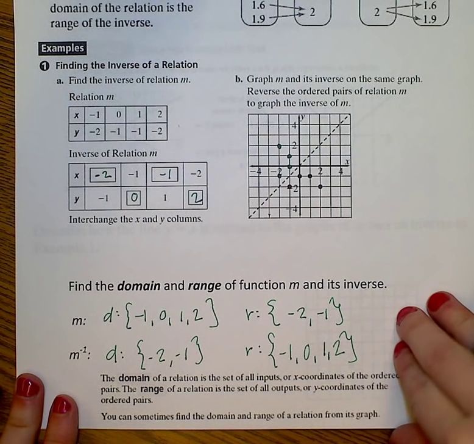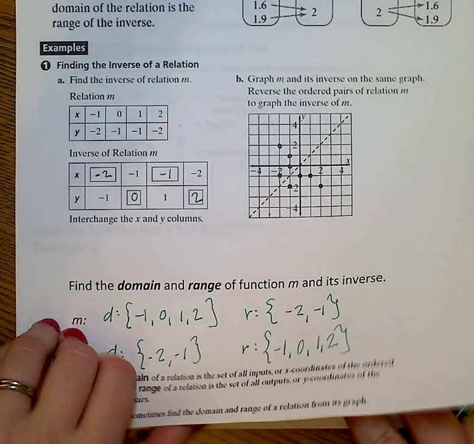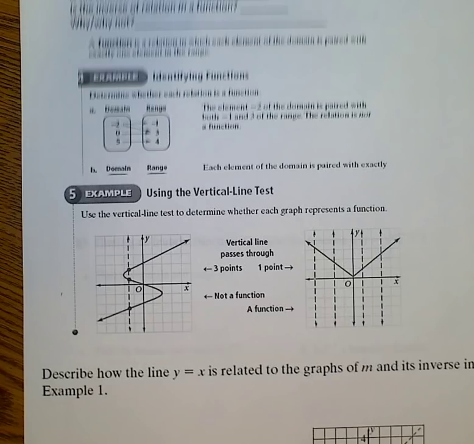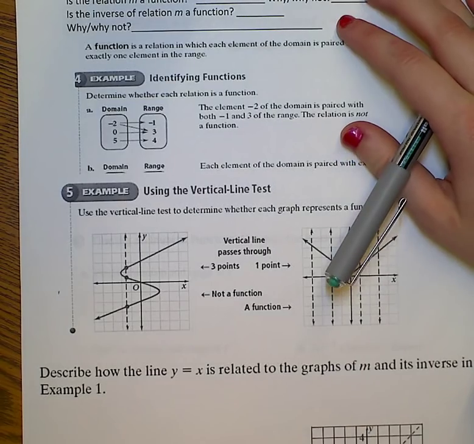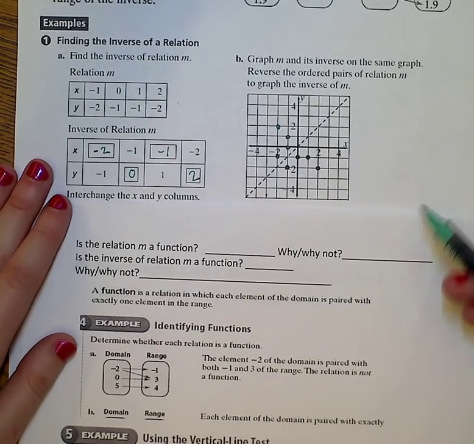Okay, we're also going to look at finding this domain and range from a graph. But going back to the graph before, let me pull mine up here. Is the relation M a function?